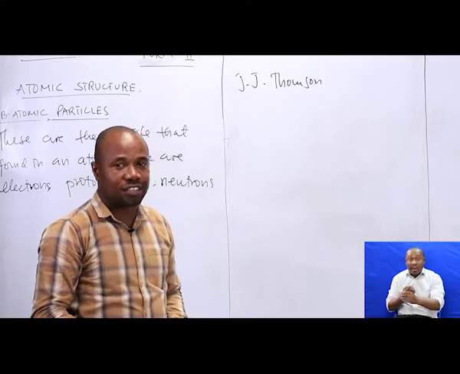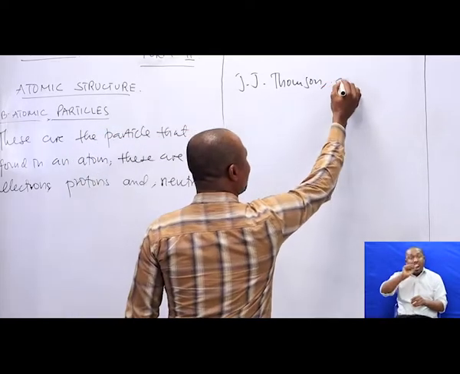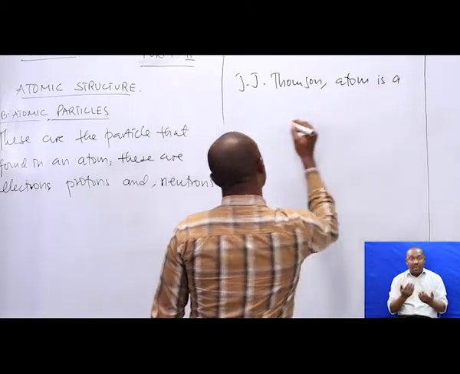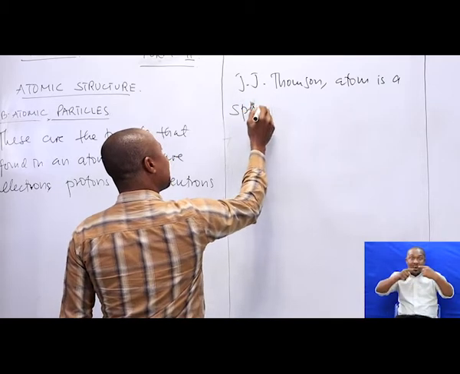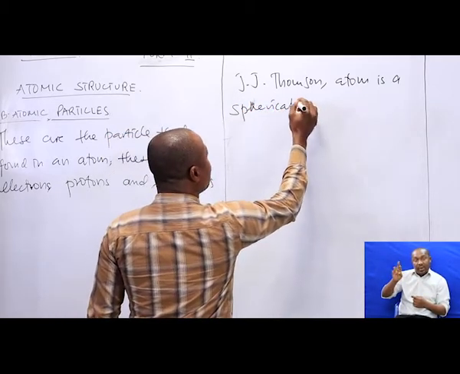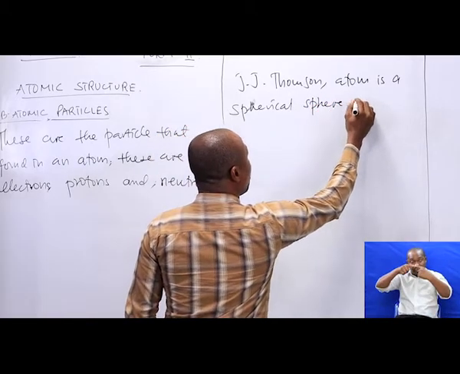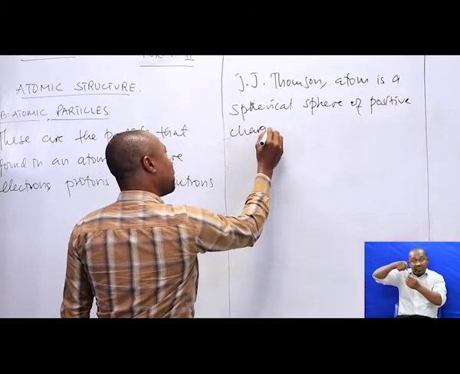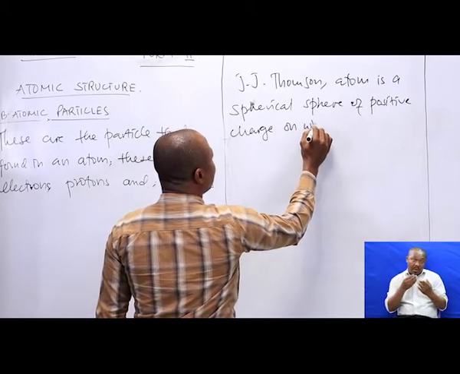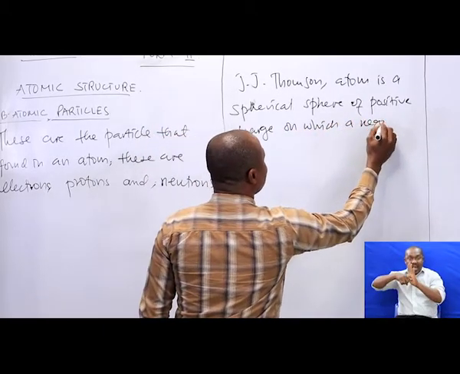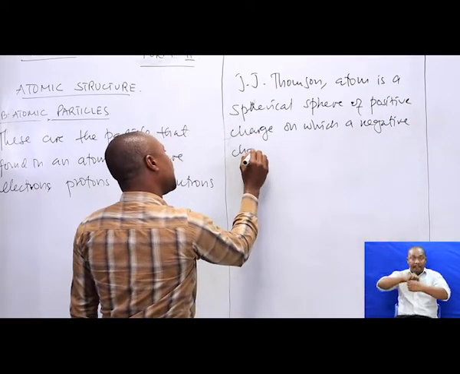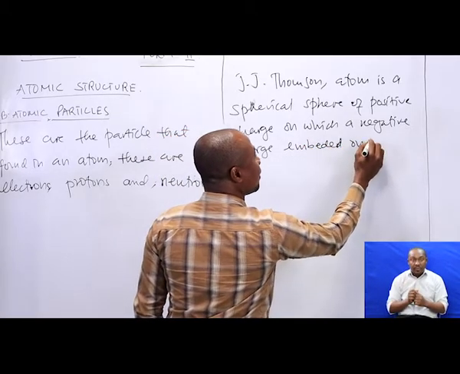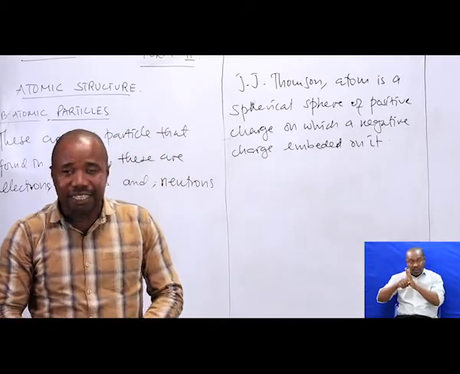And he concluded that atom is a spherical sphere of positive charge, on which a negative charge is embedded. What does he mean?